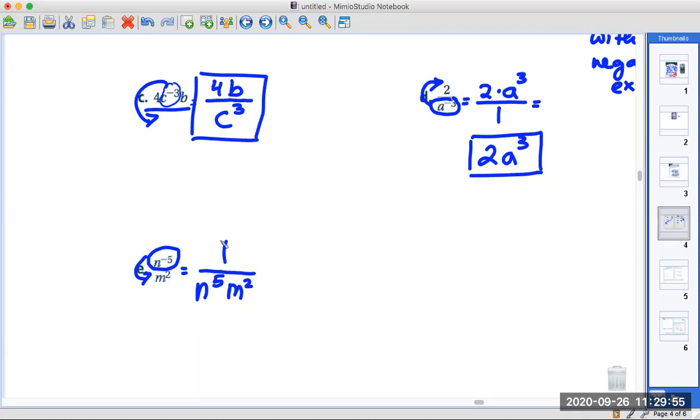That 1 makes the value a small number if I put in numbers for n and m. So that 1 is important when it's in the numerator. So I'll write, I'm important. But here it's not important. This one here, nope, doesn't need to be there.